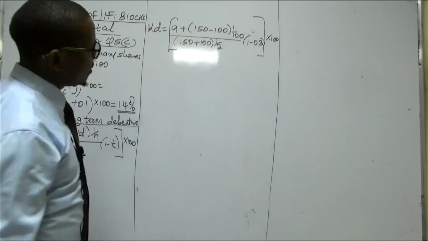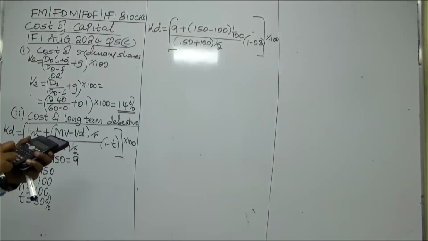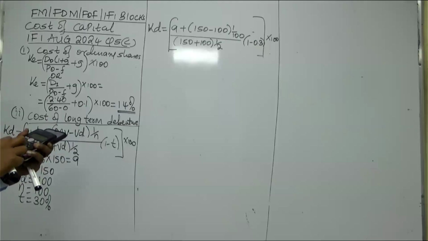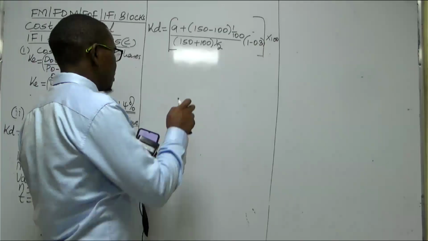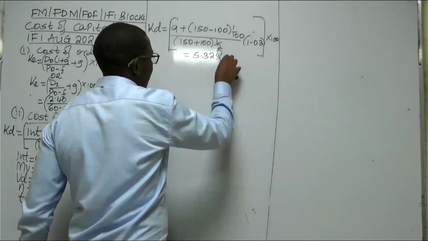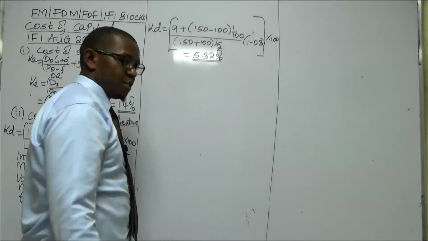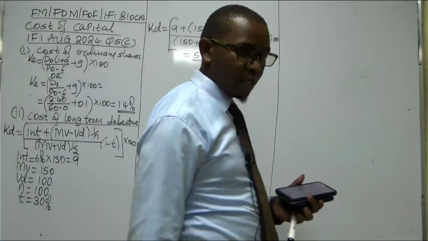So I begin with 150 minus 100, then multiply by 1/100, add 9, then divide by 250 divided by 2, then multiply by 0.7 times 100. This is 5.32%. That is the cost of debentures.